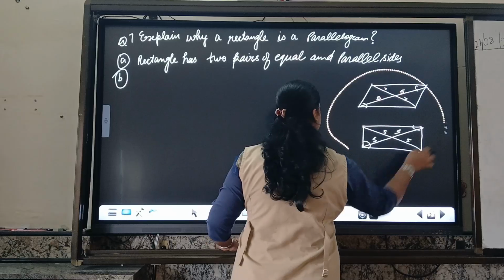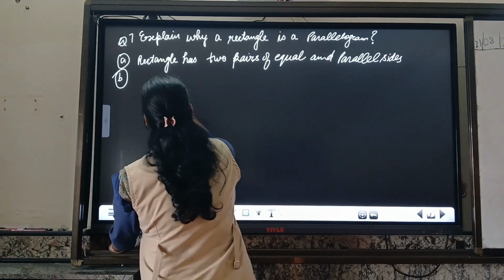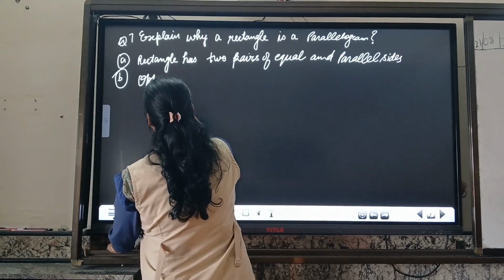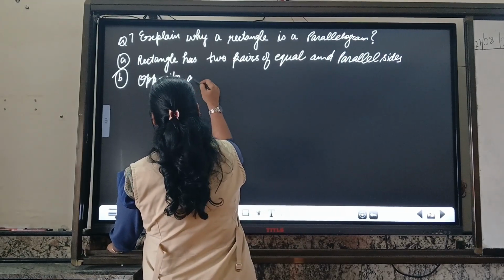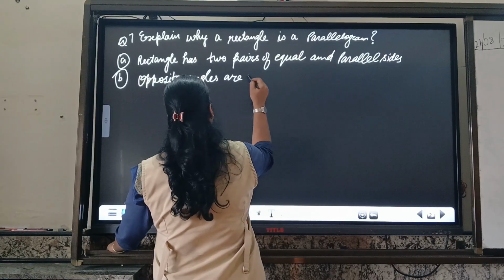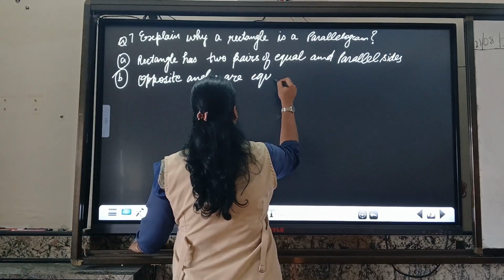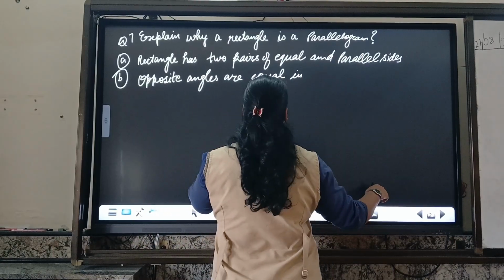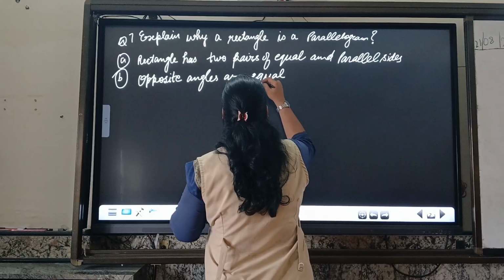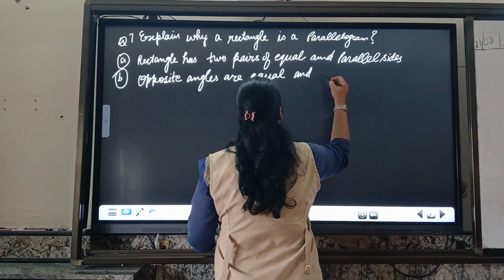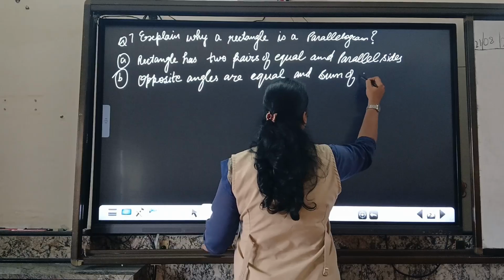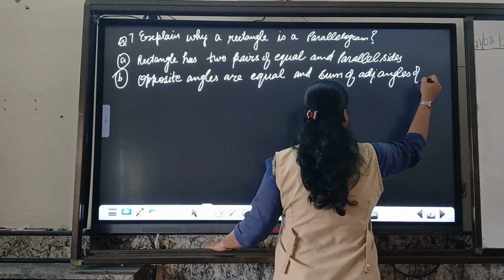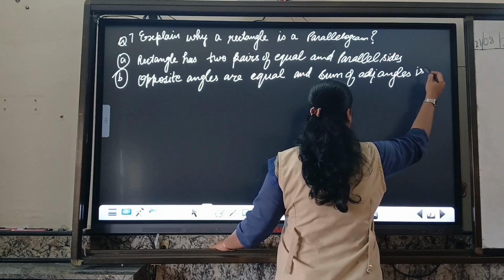What I am going to write is: opposite angles are equal and sum of adjacent angles is 180.